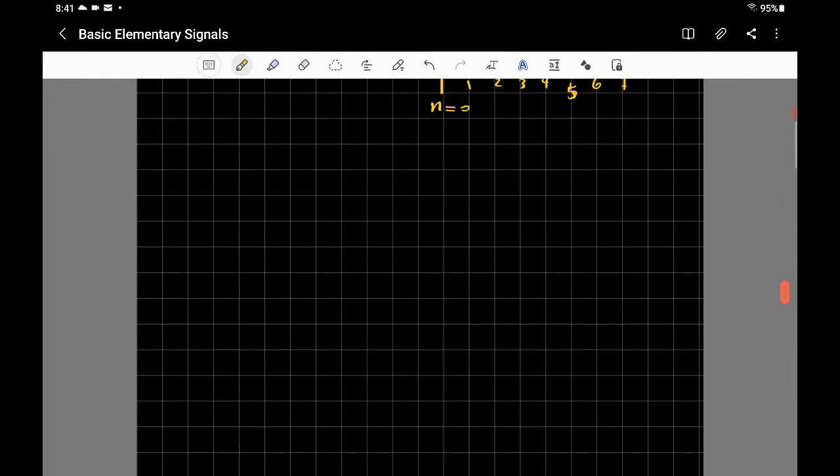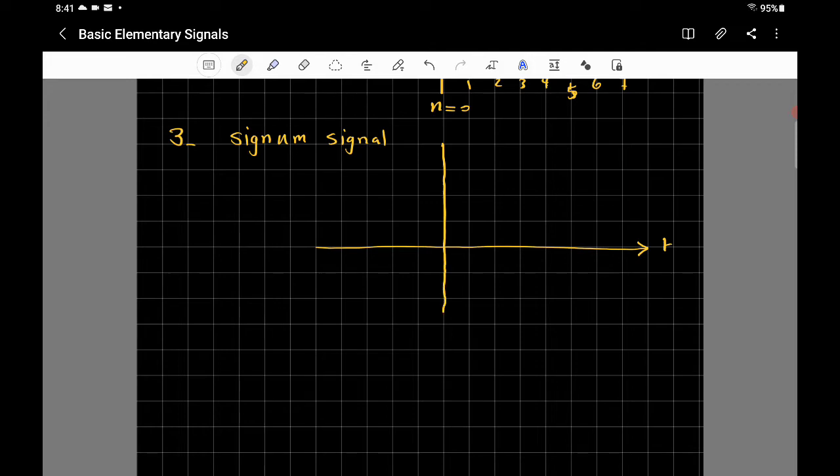Let's now move to the third type, the signum signal. That's the time axis, and the vertical axis. It's defined as sign of t.